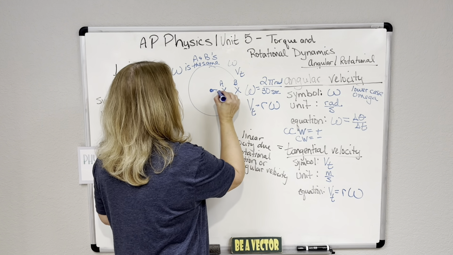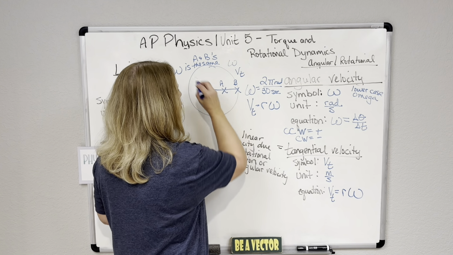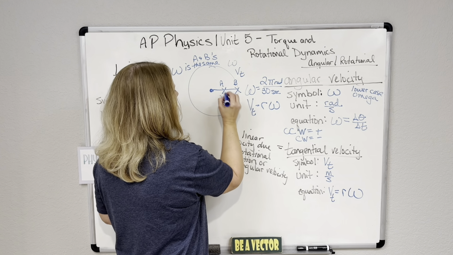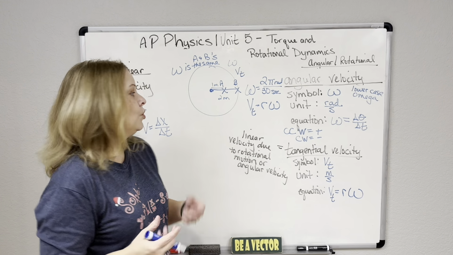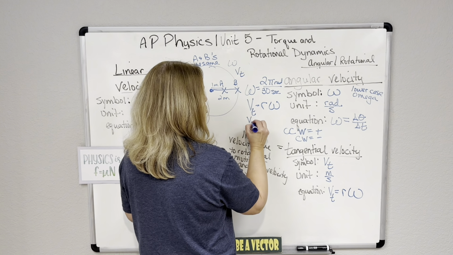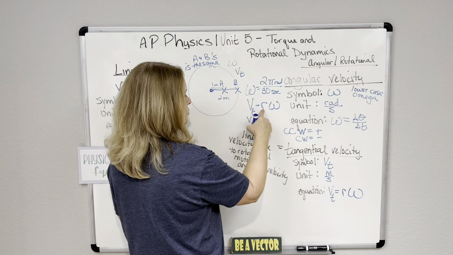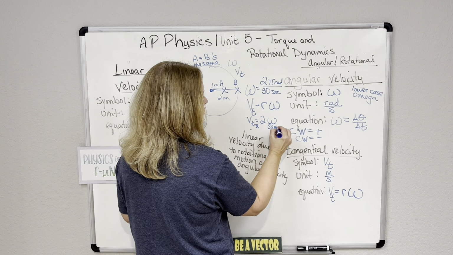Let's say that B is 2 meters. So the radius of this whole rigid metal plate is 2 meters. A is at 1 meter. Look at this. The tangential velocity for B is 2, the radius, times the angular velocity, which is the same for both.